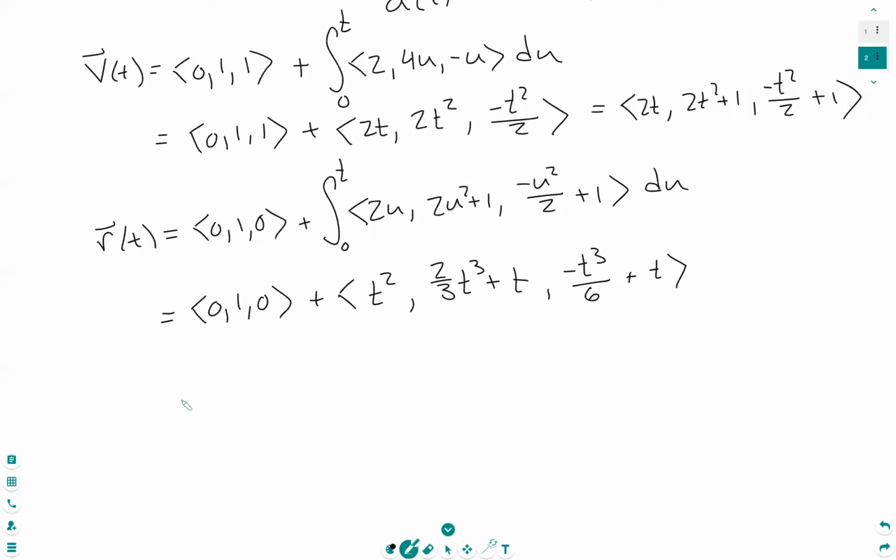So we tack on that additional vector, and our end result is a t squared, 2/3 t cubed plus t plus 1, and a negative t cubed over 6 plus t.